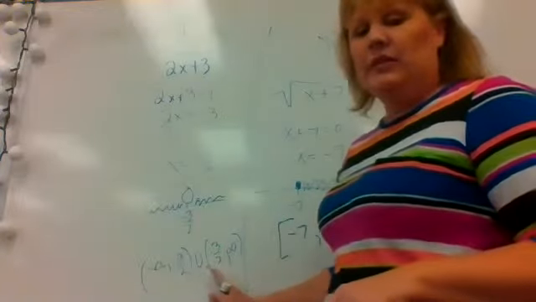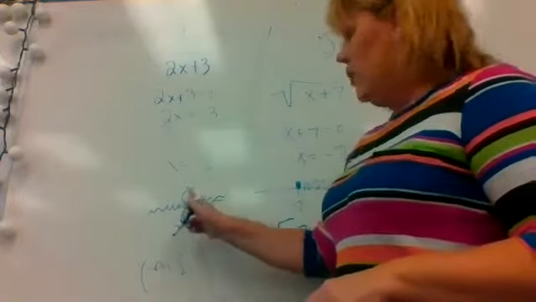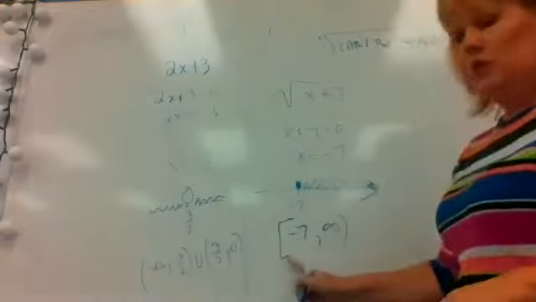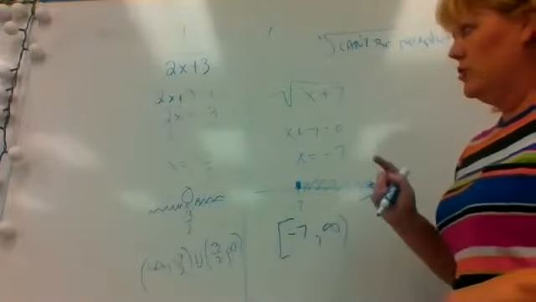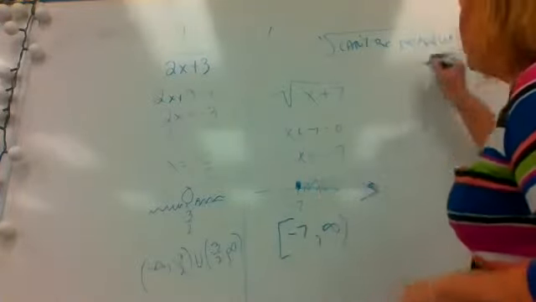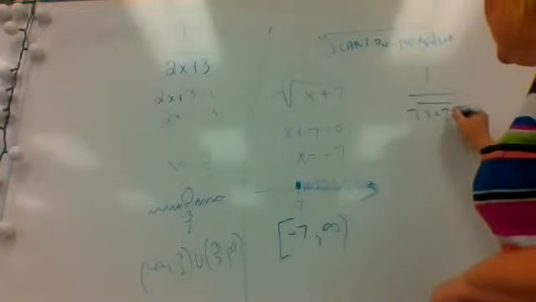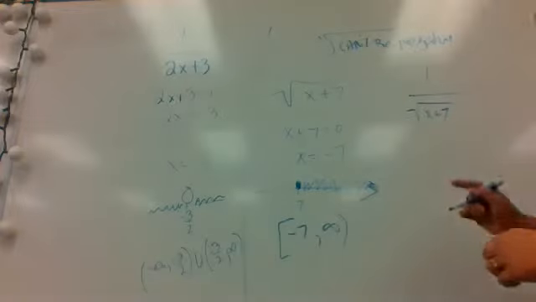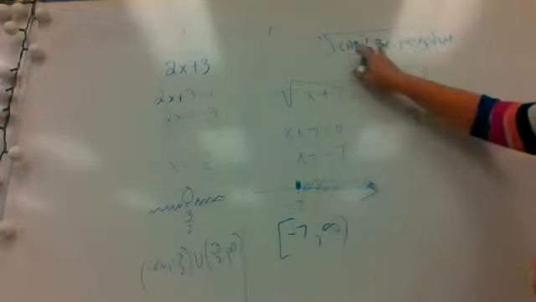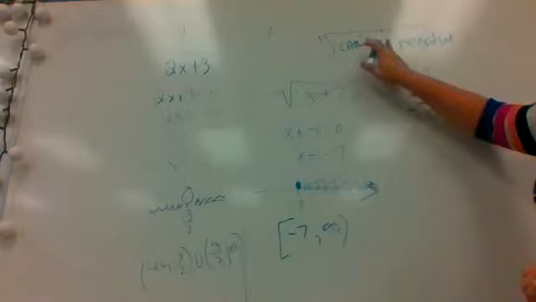Notice I have parentheses here. They go with open circle. Bracket goes with the colored circle. Okay? Now, one more thing. If I have 1 over the square root of x plus 7, now I'm kind of putting it all together. Well, the rule for the square root is that it can't be negative.